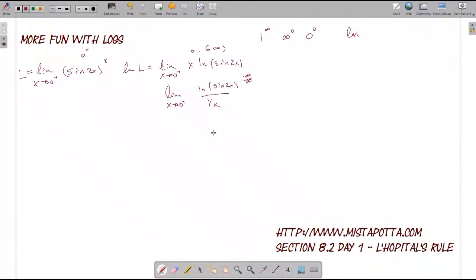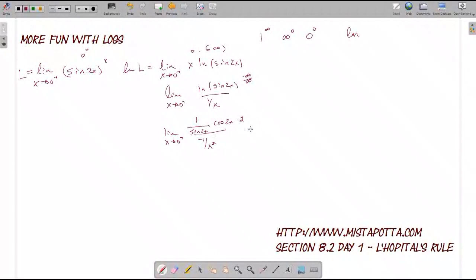So using L'Hopital's rule, the derivative of the denominator is negative 1 over x squared. The derivative of the numerator is going to be 1 over my argument times the derivative of my argument, and the chain rule happens. So I've got the limit as x approaches 0 from the positive side of this.